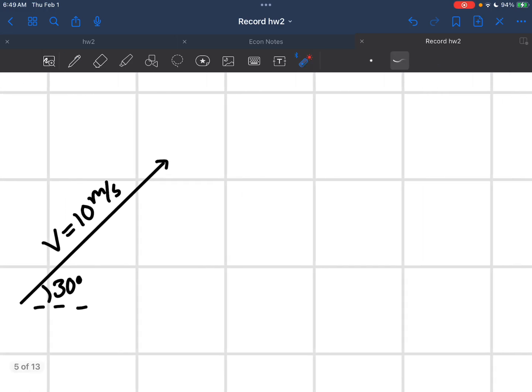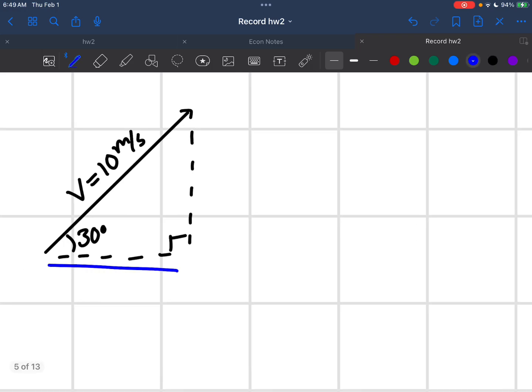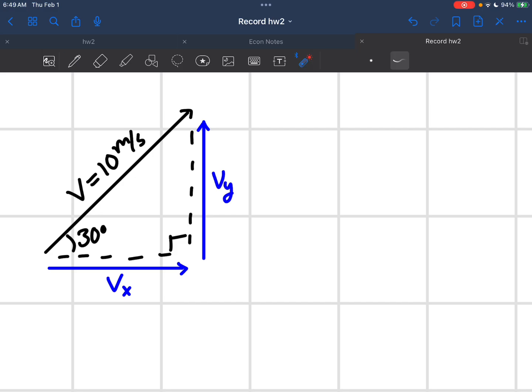And then I want to use my horizontal and my vertical to make my right triangle. Because on this right triangle here will be my Vx, and here will be my Vy.